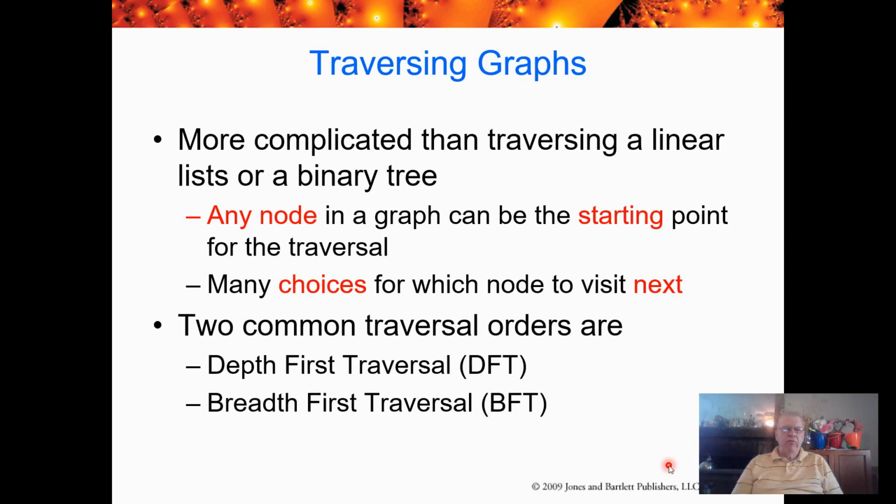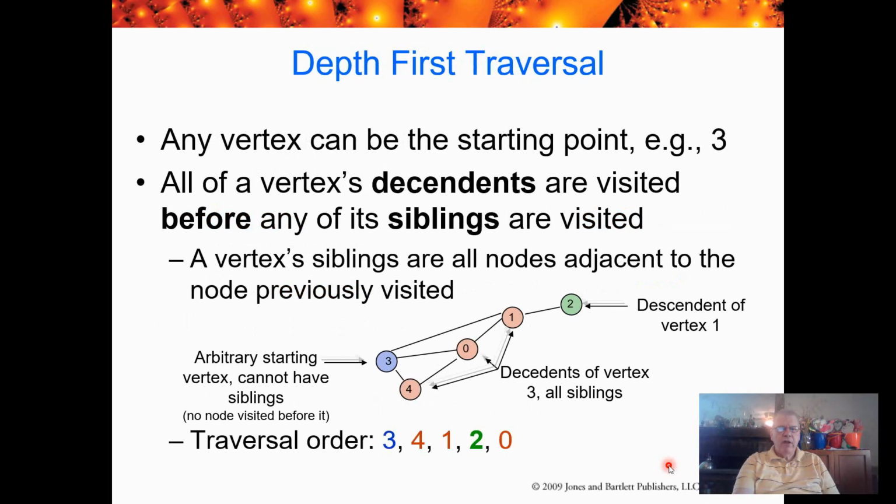The opposite is true of breadth first traversal. It visits all the siblings before it visits any descendants. So you can use a queue for breadth first and a stack for depth first. Depth first visits all of a vertex's descendants before any of its siblings are visited.